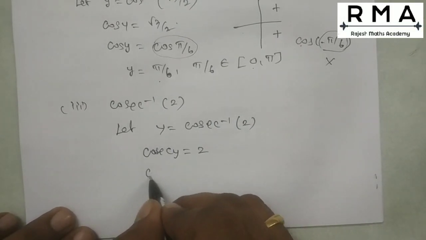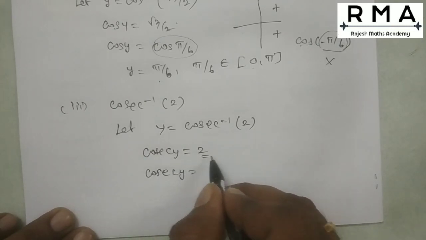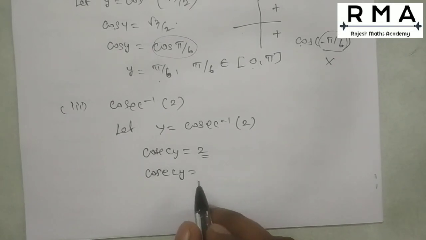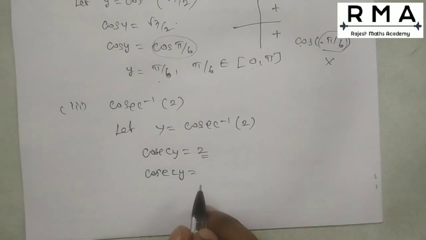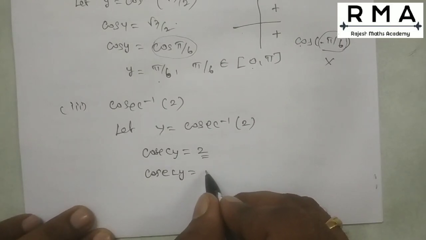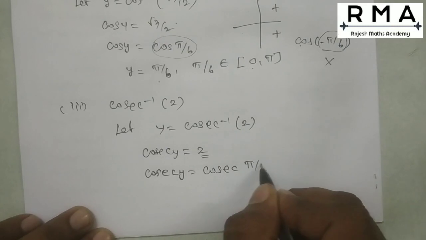So when the cosecant function takes 2, cosecant function means 1 by sine function. So when the sine function takes 1 by 2, in that same case cosecant will take 2. So similarly it is clearly pi by 6, that is 30 degree. So I can write here cosecant of pi by 6.